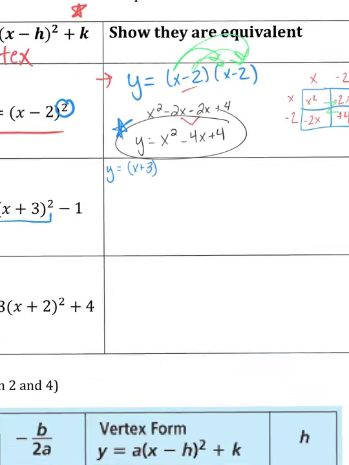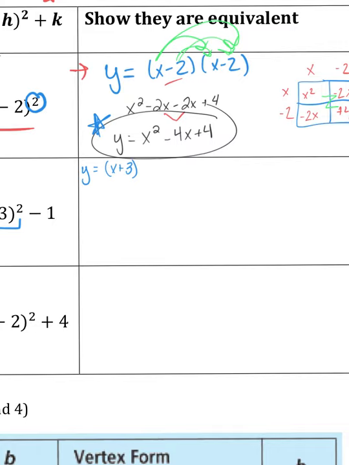I'm going to move over and zoom in, okay? Minus 1, because that's the original part of the equation. So the first thing I need to do is FOIL this. So I'm going to go over here, and I'm going to use my box method. Okay, so on top is x plus 3, and on the side is x plus 3.